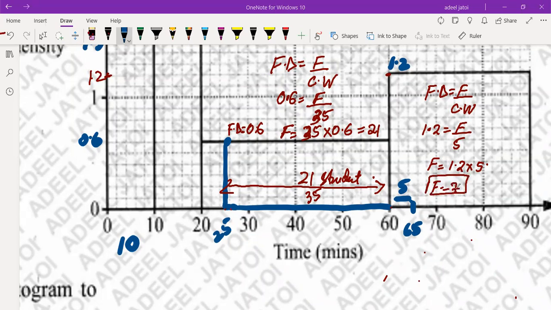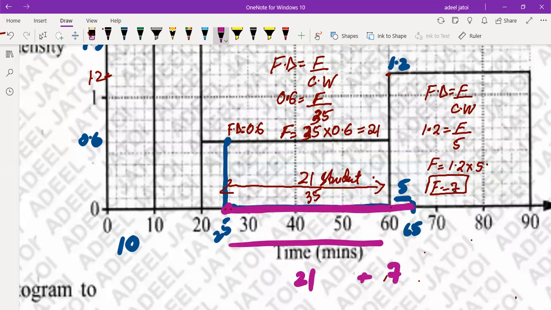Now you need to understand that the answer you need to give is from 25 to 65. From 25 to 60, you had 21 students, and from 60 to 65, you had 6 students.